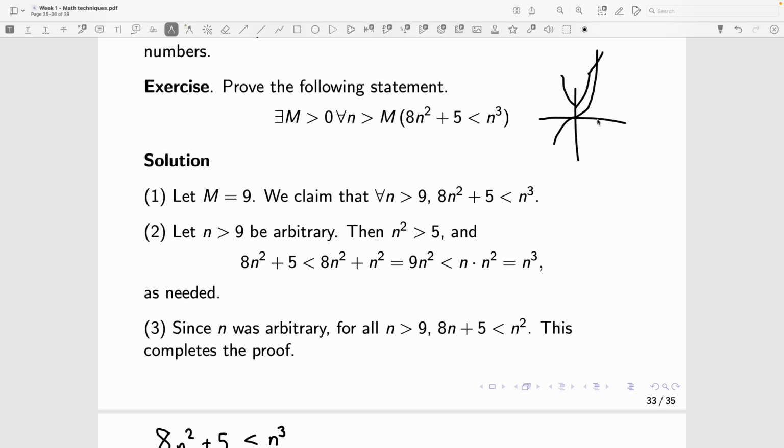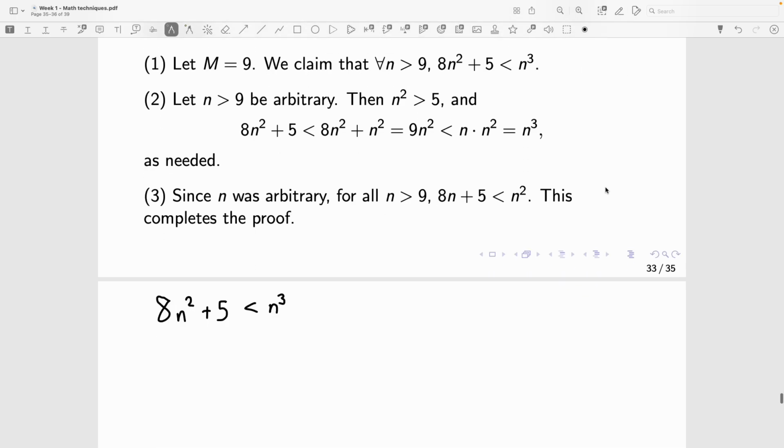Trust me, it happens eventually. So like before, we want to find a value after which 8n squared plus 5 is always less than n cubed. How are we going to do that?